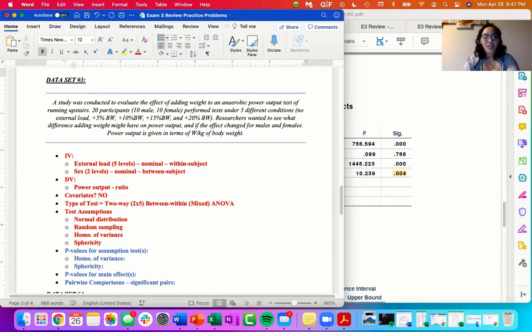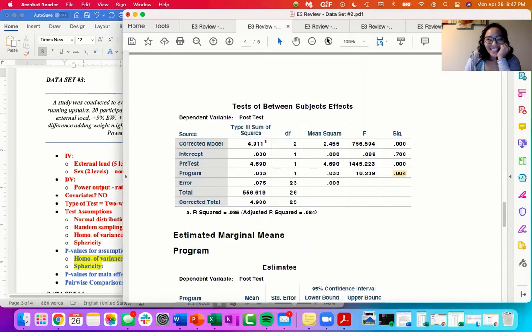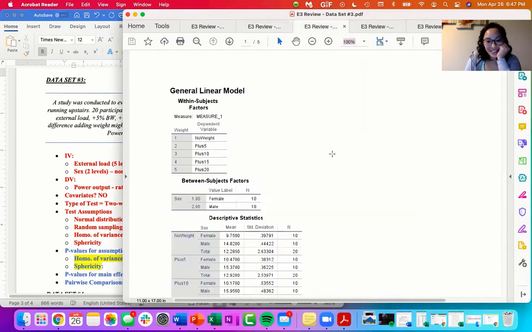Just make sure you're paying attention to the assumption part and you're not listing the main effect. That was a very common thing that would happen on the last exam. And I was like, no! Because I always try to warn you guys. And then it just didn't work.